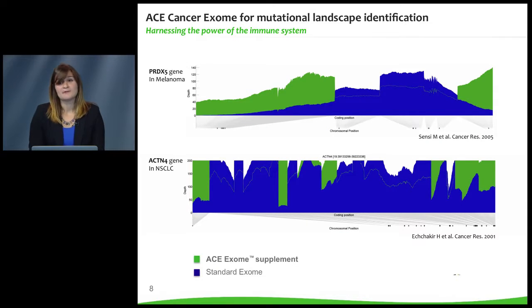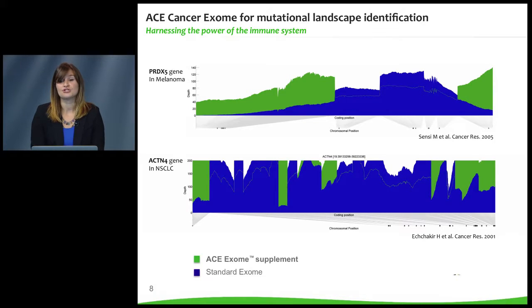Now we apply this augmentation to 8,000 medically relevant genes, including 1,400 cancer-relevant genes across the exome. So for an application such as mutational load assessment, we can use our enhanced exome for both broad and highly accurate profiling of the mutational landscape of the tumor. So these sequencing plots shown here show ACE performance, again in green, for PRDX5 and ACTN4 genes.